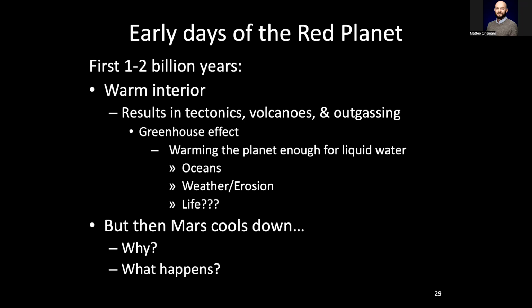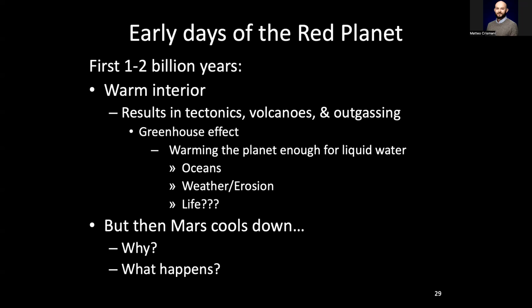Why does Mars cool down faster than the Earth? That is certainly the loss process that gets rid of the heat. That's correct.